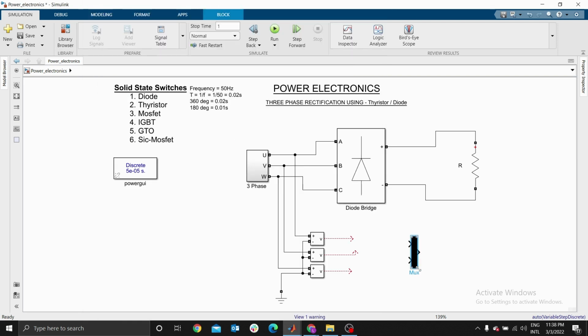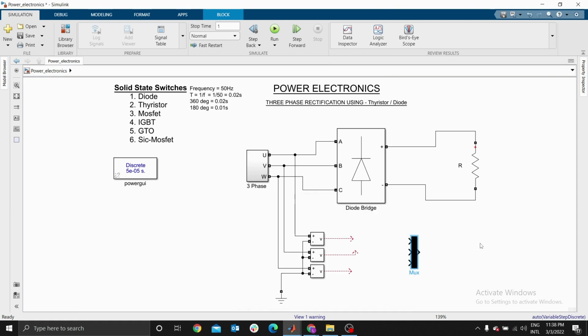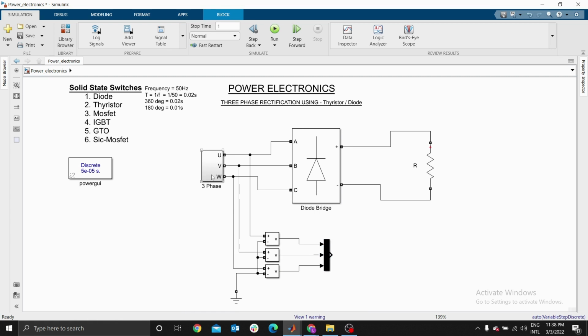Let me make it a little bit bigger. I want to use 3 so that each can take its own port. You can see now how our circuit is becoming neat using subsystems; using some routing blocks makes the circuit more neat. I need to measure voltage here still.